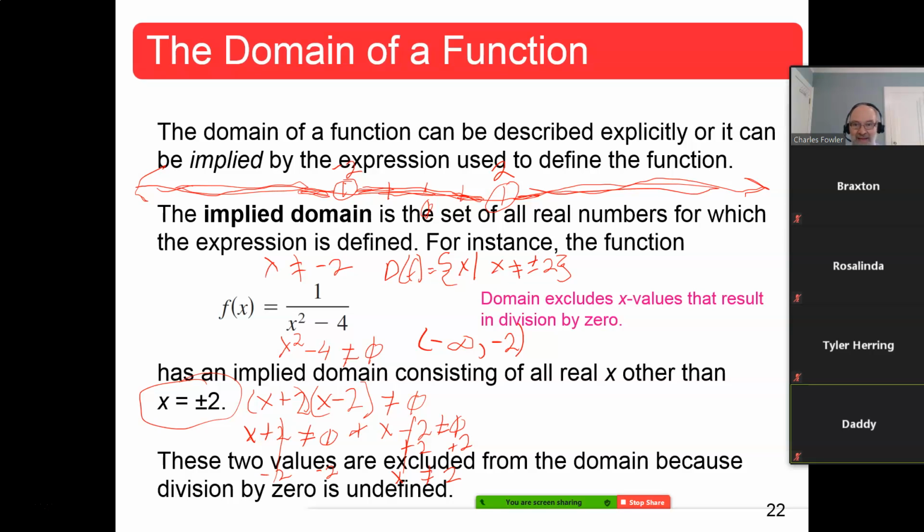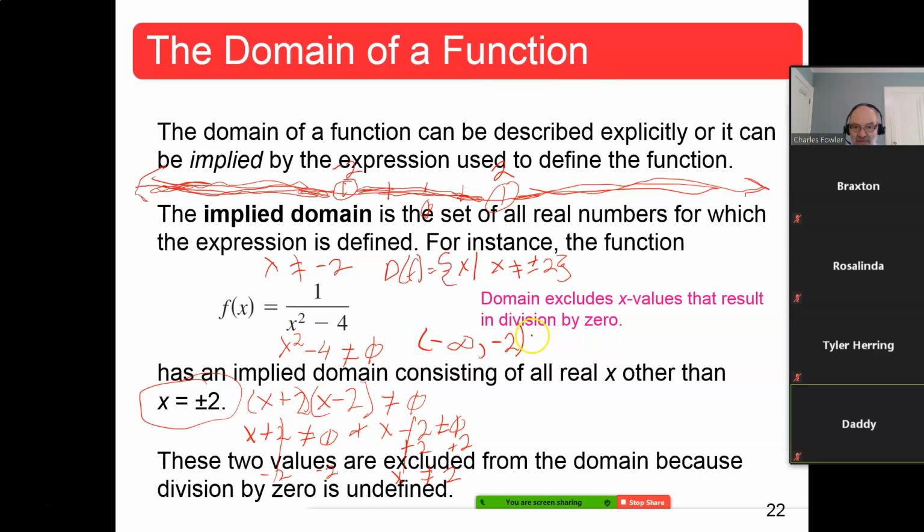Okay. So I was just showing how we can express this in interval notation. This is the first part. This is the part over here. Oh, there it is. This is the part here. From negative infinity to minus 2, but not including minus 2.